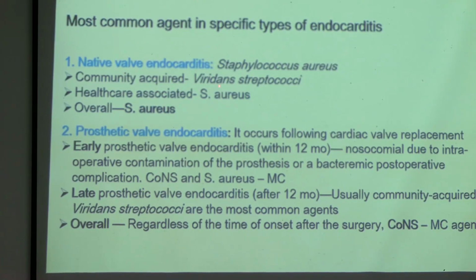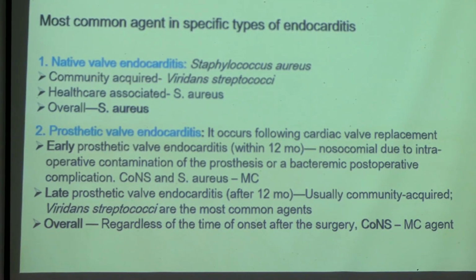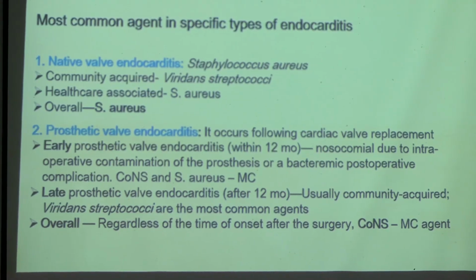If it is community acquired, then it can be Viridans, but if it is health acquired, most commonly it is the Staph aureus, and generally it is MRSA. What is MRSA? It is always the resistant type if it is hospital acquired. If community acquired, then it is the sensitive type, MSSA. So overall native valve infection is caused by Staphylococcus aureus.